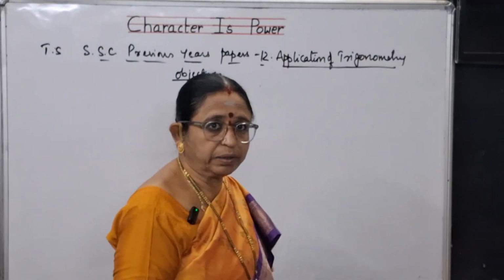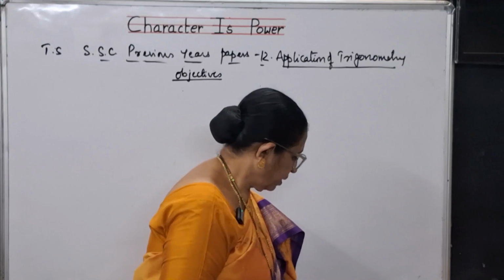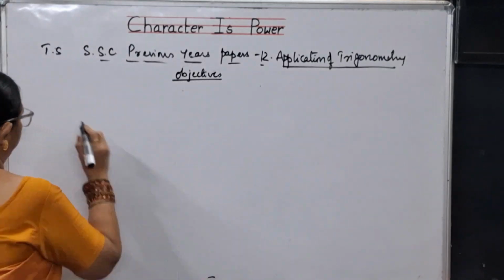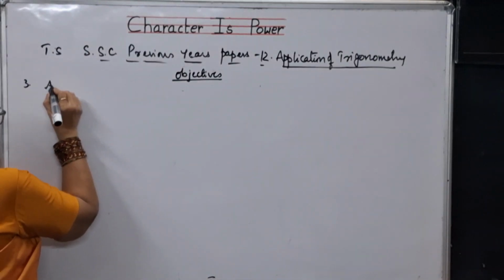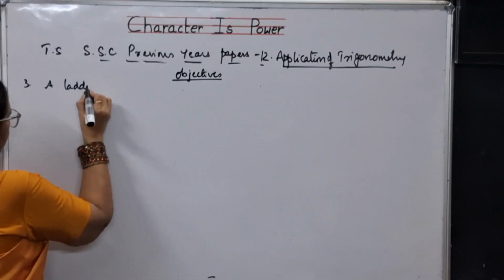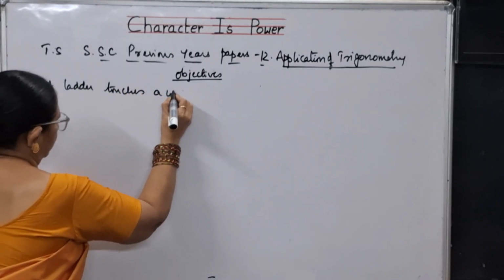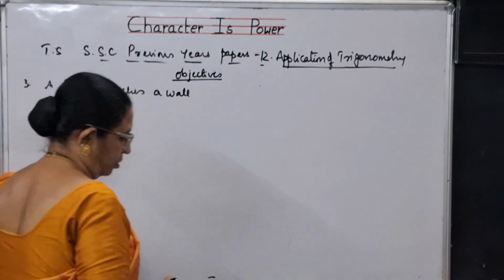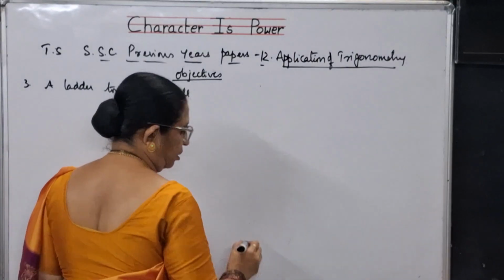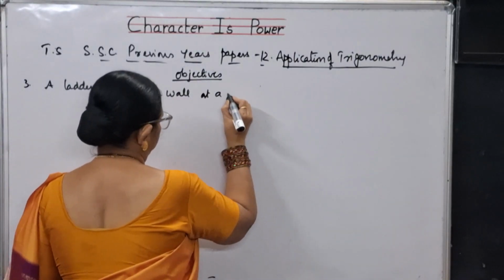Now, the third problem. A ladder touches a wall at a height of 5 meters.